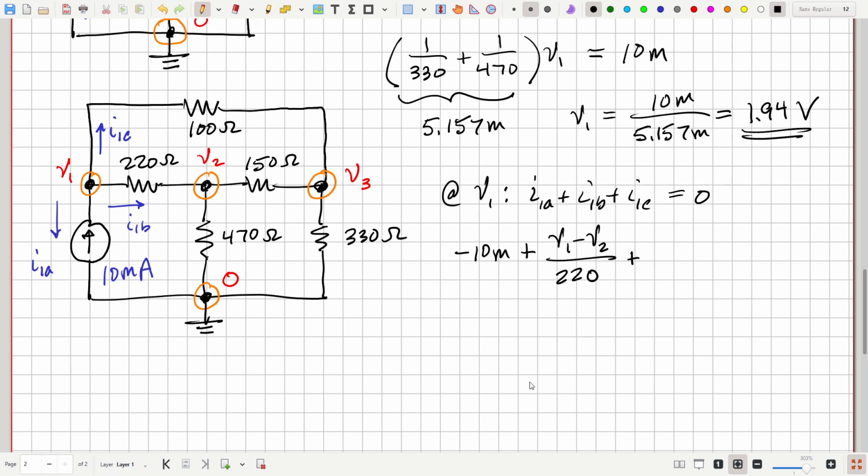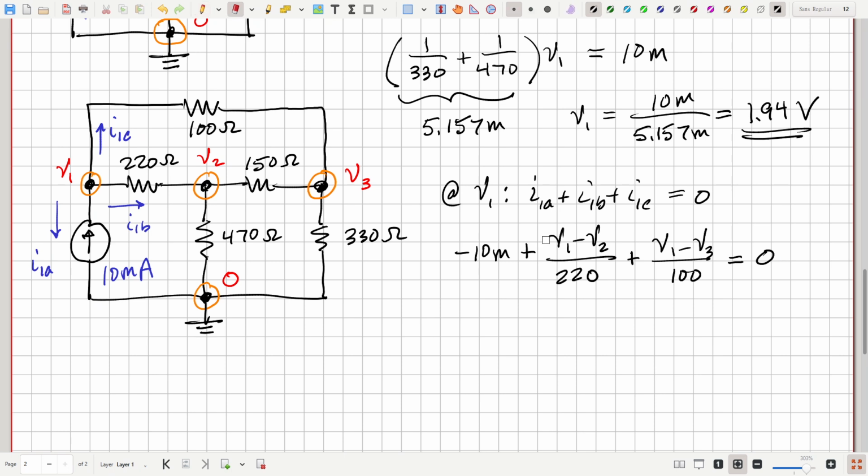And then I1C going up here, this is the current through a resistor, and the voltage drop in the direction of the current flow is V1 minus V3. So this would be V1 minus V3 over 100 is equal to 0.